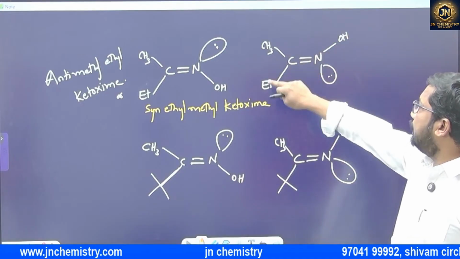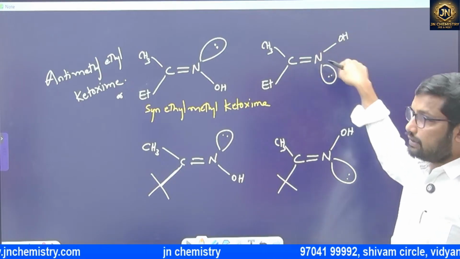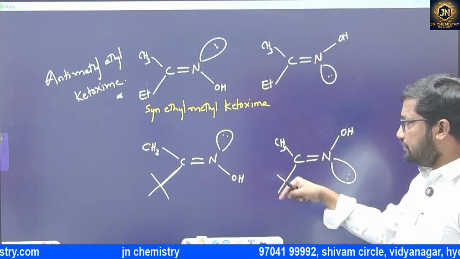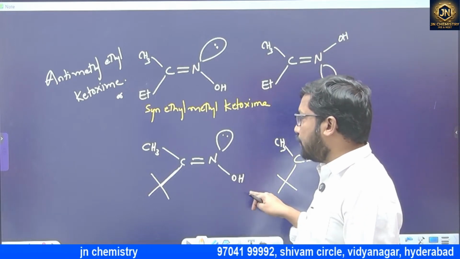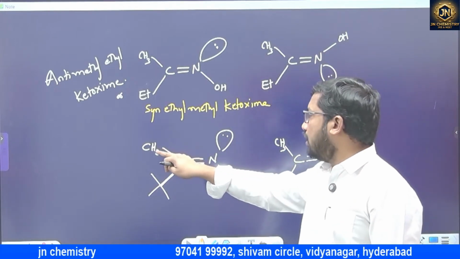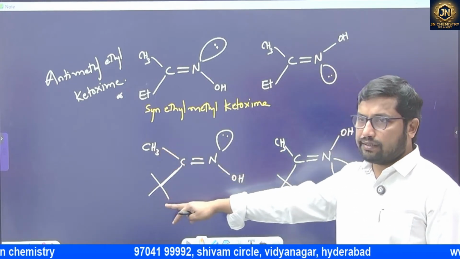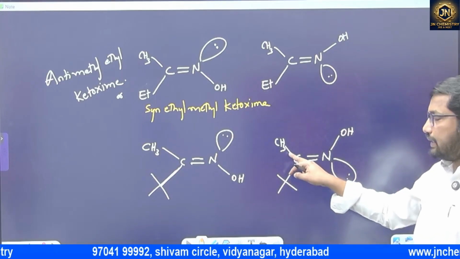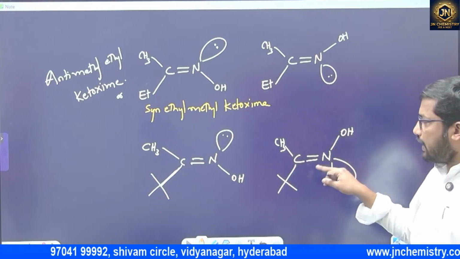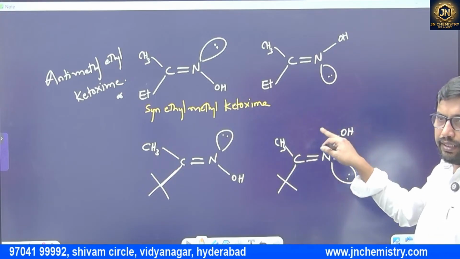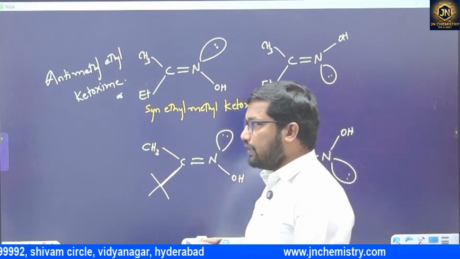Syn methyl ethyl ketoxime or anti-ethyl methyl ketoxime. Write it down. Here is syn tertiary butyl methyl ketoxime or anti-methyl tertiary butyl ketoxime. In this case, syn-methyl tertiary butyl ketoxime or anti-tertiary butyl methyl ketoxime. Write it down. So if you have any doubt, let me know.